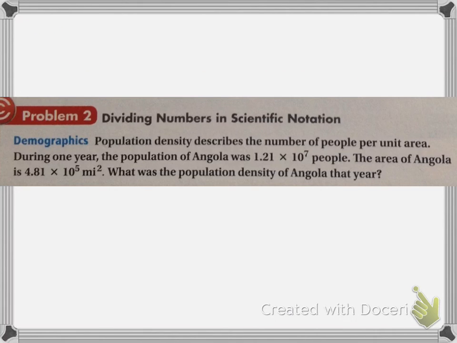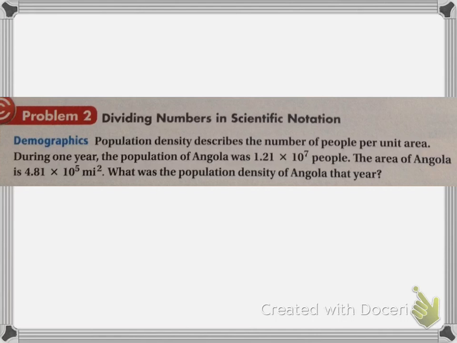Alright, example 2, dividing numbers in scientific notation. So, population density describes the number of people per unit area. During 1 year, the population of Angola was 1.21 times 10 to the 7th people. The area of Angola is 4.81 times 10 to the 5th miles squared. What was the population density of Angola that year?